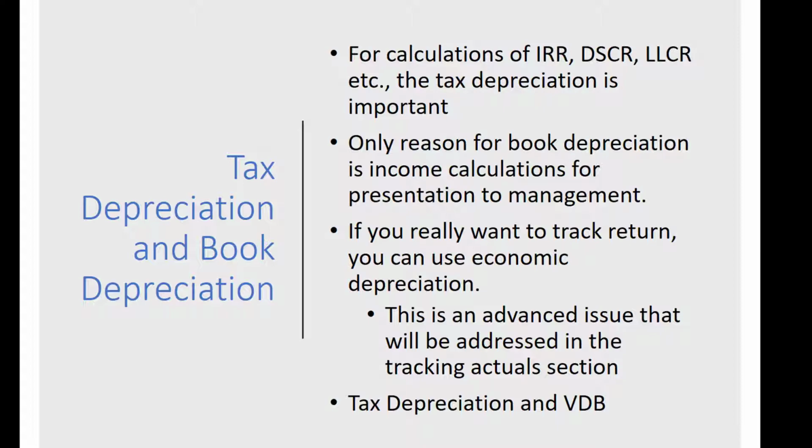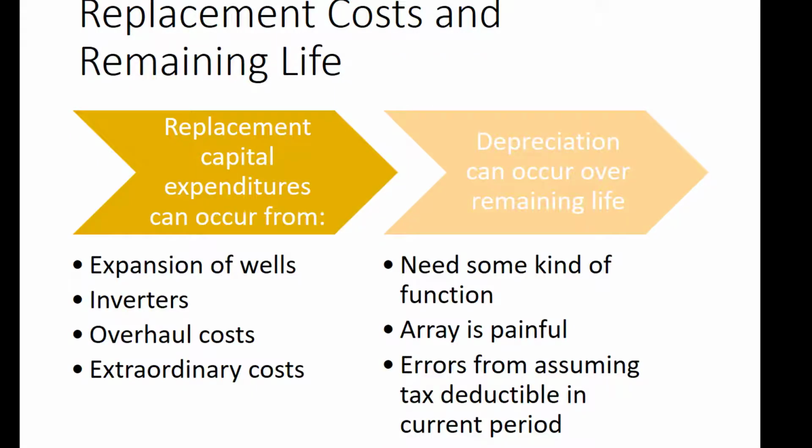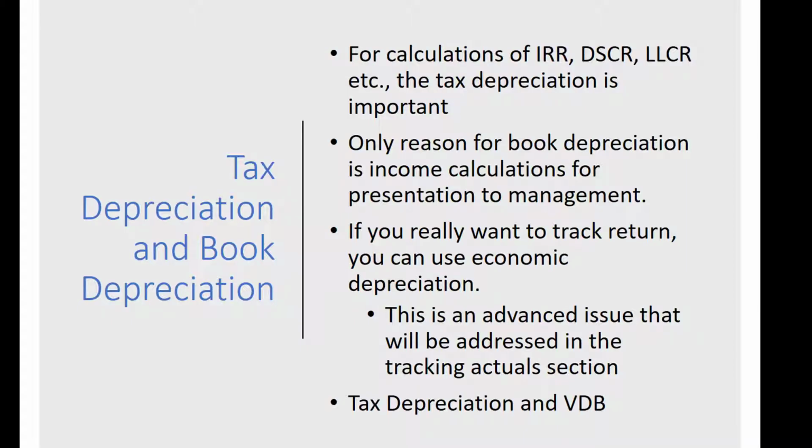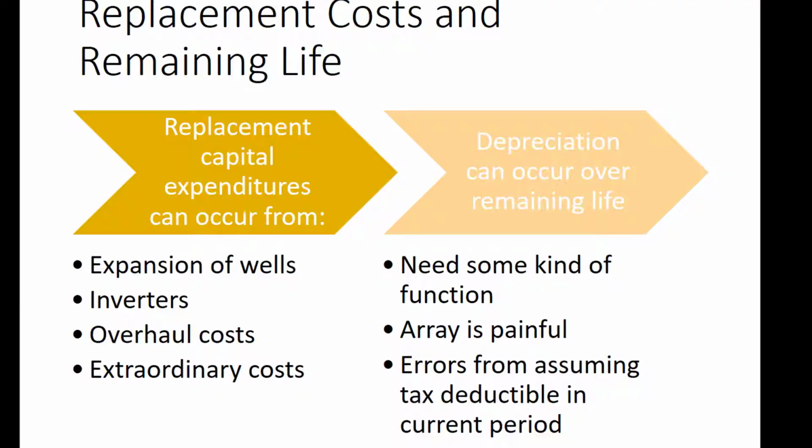So we're going to talk about a little bit different tax depreciation, and I'm certainly going to show you the tricky part, which I don't know how many times I've got wrong. Whatever. I'm going to continue.